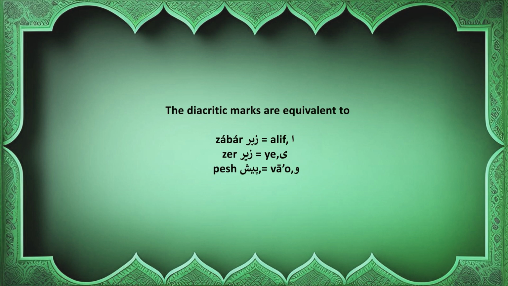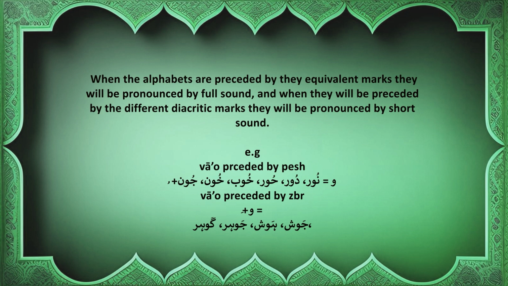Zabar is equivalent to alif, zer is equivalent to ya, pesh is equivalent to vav. When the alphabets are preceded by the equivalent marks, they will be pronounced with full sound.